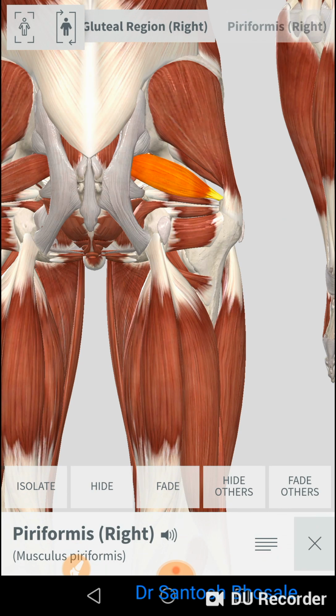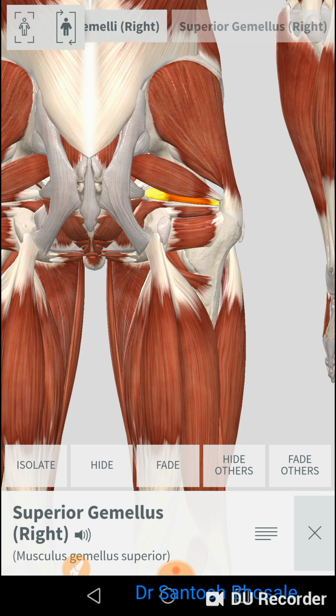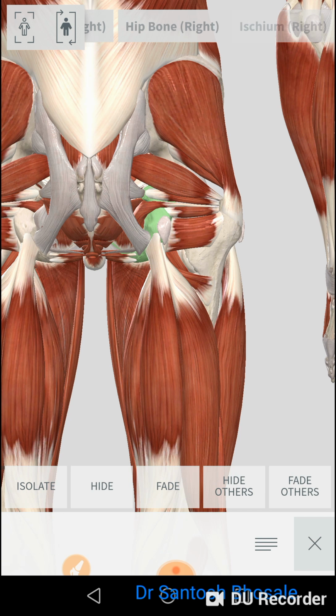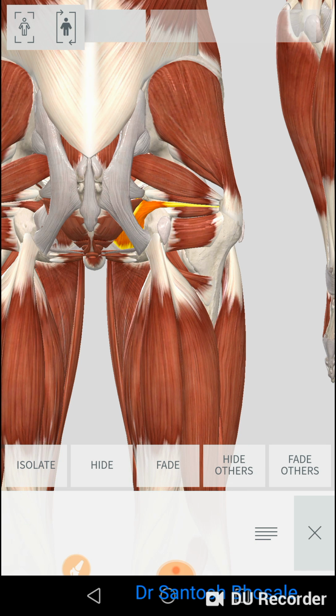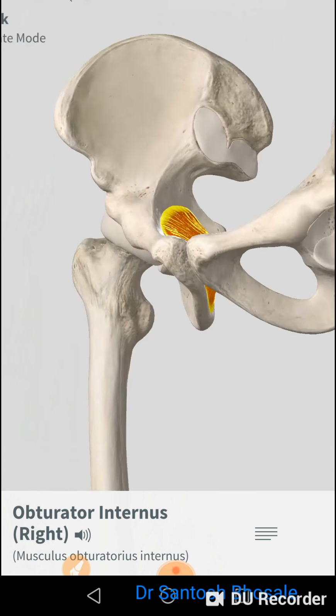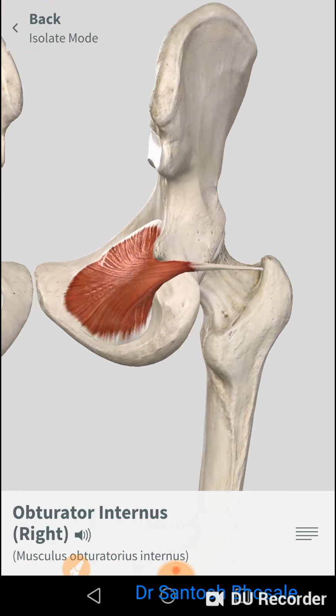Then obturator internus with the two gemellae, superior and inferior gemellae. You can see they are attached to the medial surface of the greater trochanter.